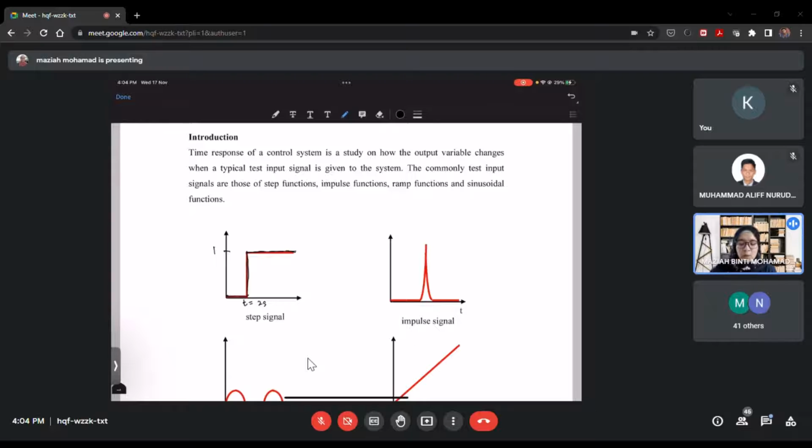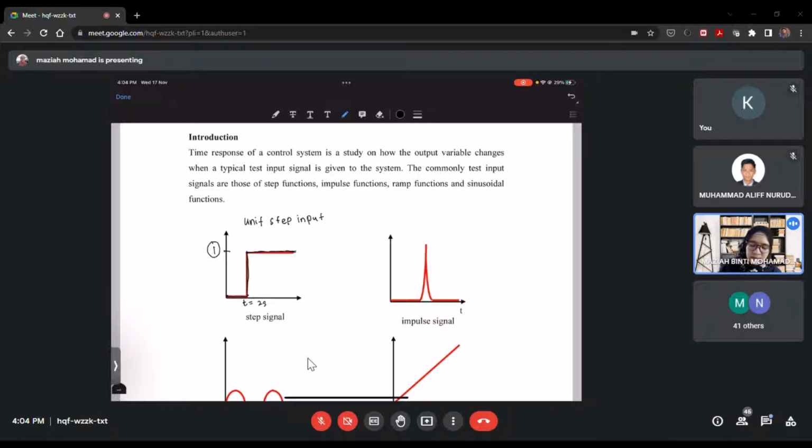So if the unit here is 1, meaning the change applied to the input signal is 1, this is what we call unit step input. But if the unit is 0.5, 2, 6, 10, 100, that is what we call step input.